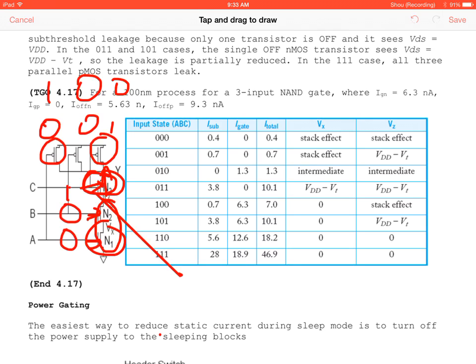So ultimately, what we want to do is take advantage of the stack effect because we don't want this current flowing out here because we don't have a logic 0 yet. The only time we get a logic 0 from here is when we want 1, 1, 1. So here we had 0, 0, 1, so this transistor was on, and then we switched to an instance where this transistor is on. So that's our worst case scenario. So that's where the stack effect really comes into play.